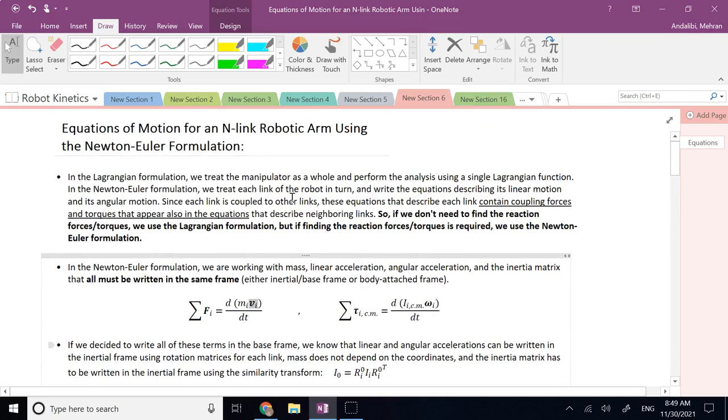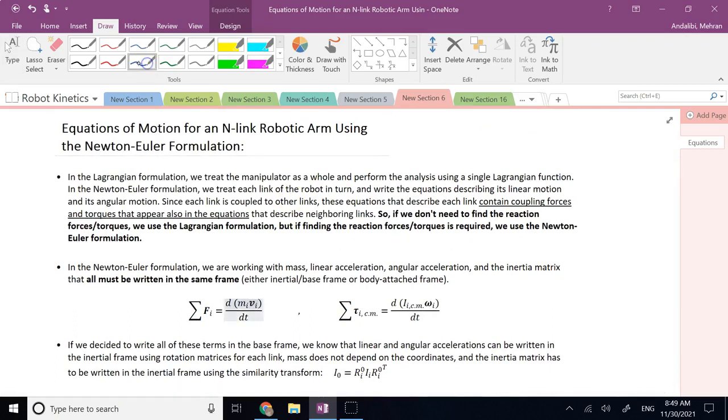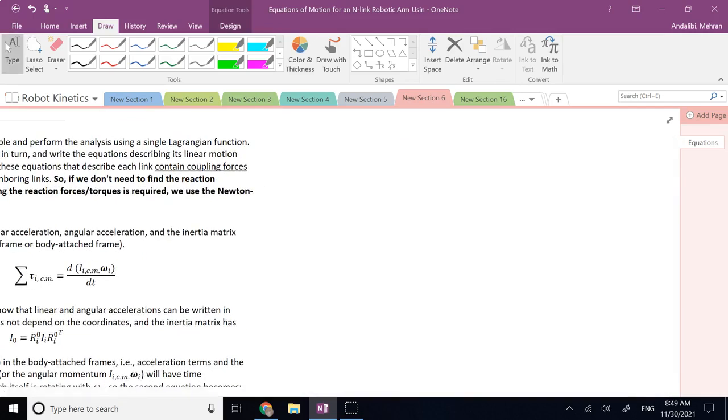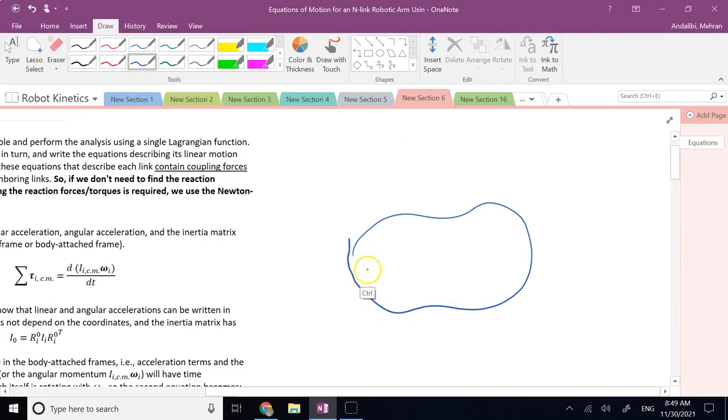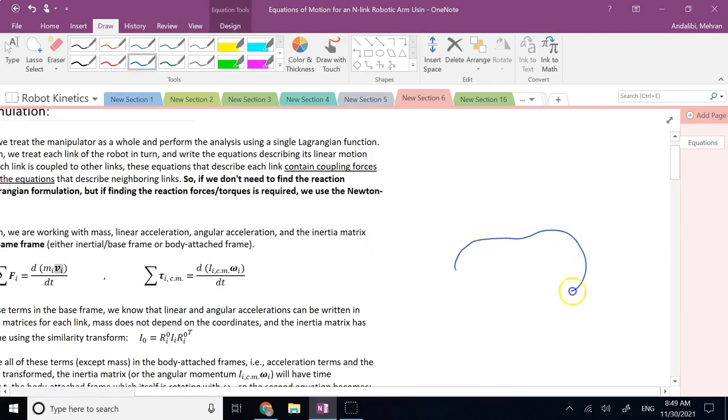you know that if I have a rigid body, then let me show you. So if I have a rigid body like this, let me try to draw it a little bit better. Here we go. If I have one point here, and then I have also the centroid here.